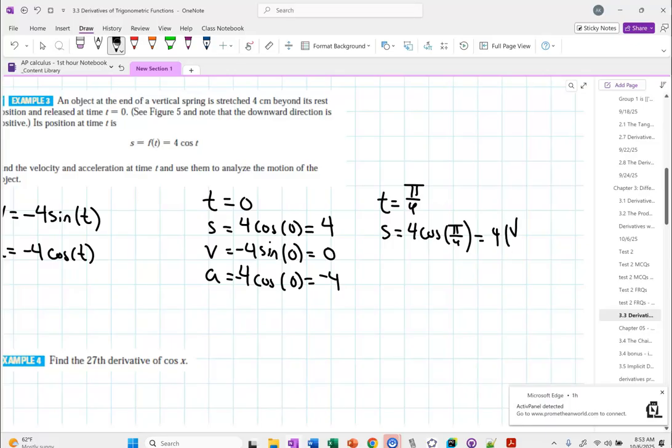And it's going to be 4 and root 2 over 2. So the spring is now moving back up towards the 0 position, right? 2 root 2 is going to be like 2.8 something, right? Less than it was before.